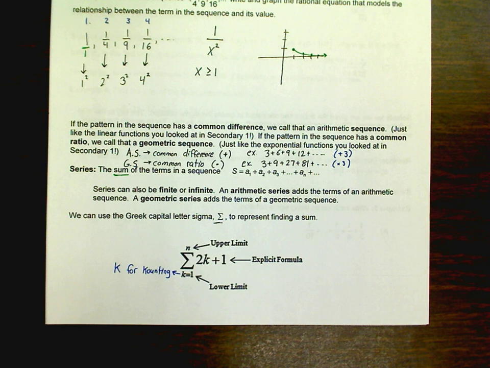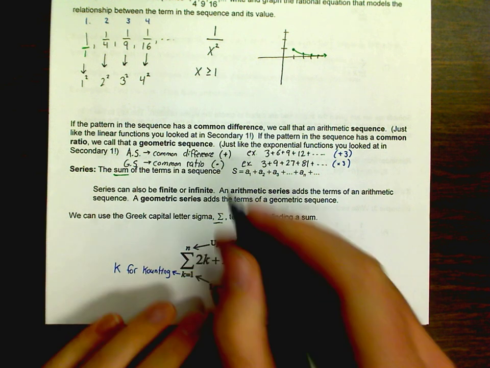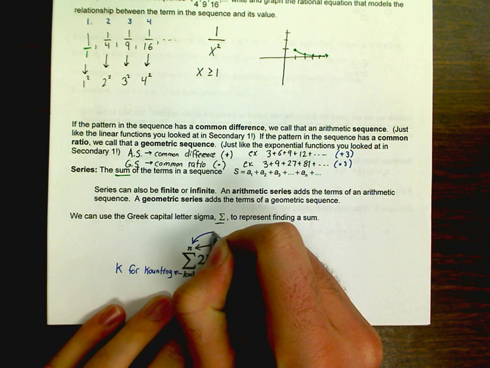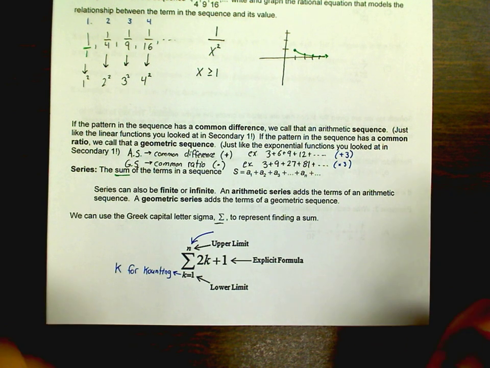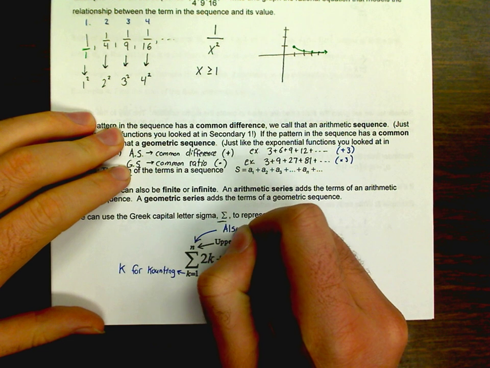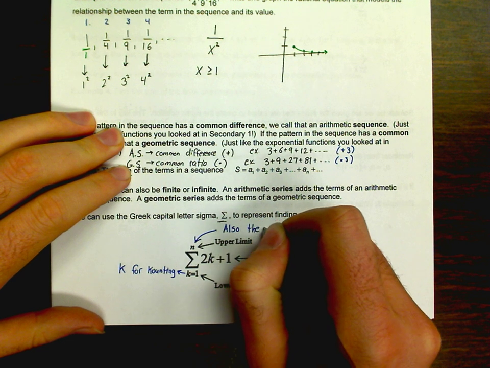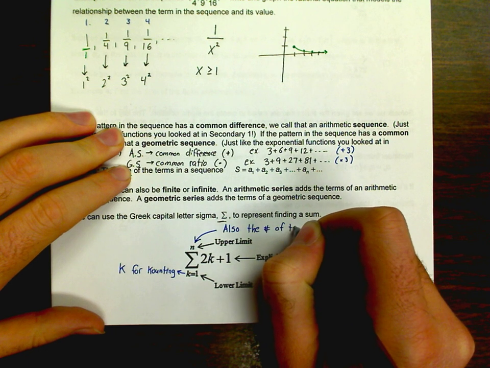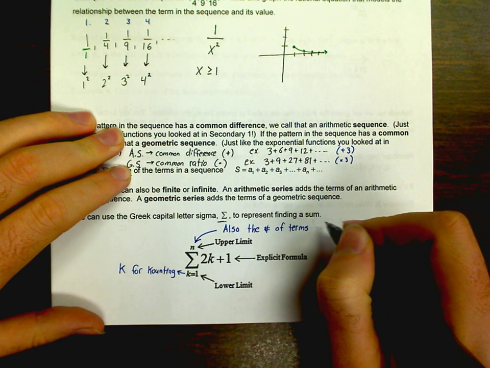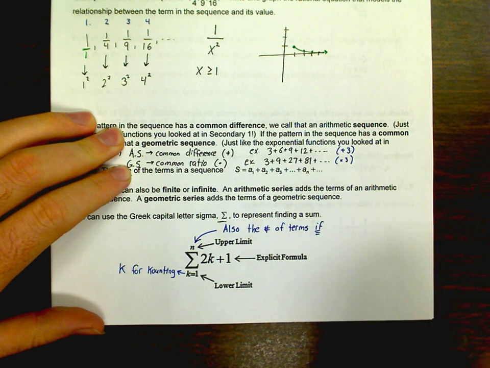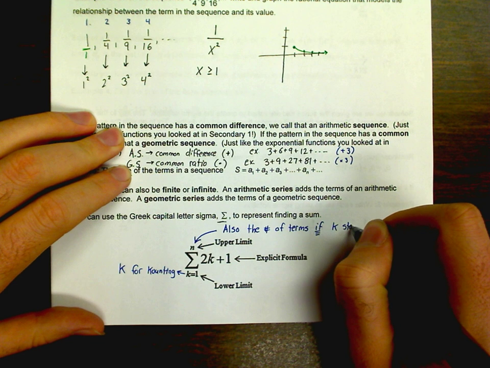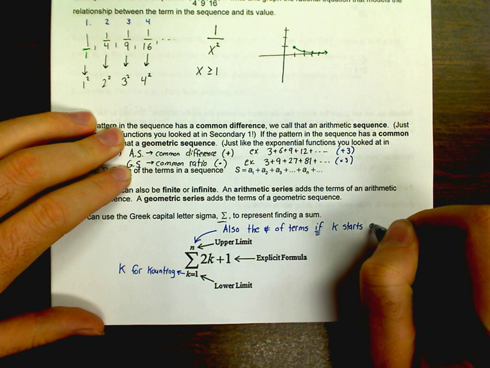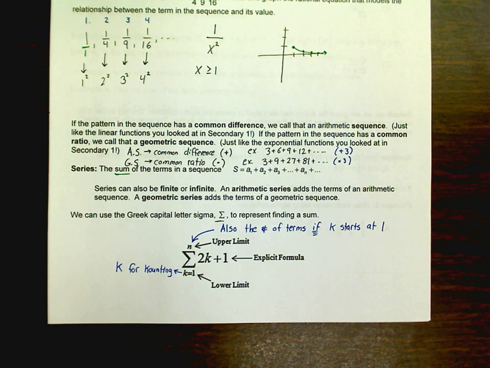The other thing that I do want you to write down is that this n can also tell you the number of terms in your series with one condition: if k starts at 1. This is super important, triple underline important. That'll become clear in just a minute.